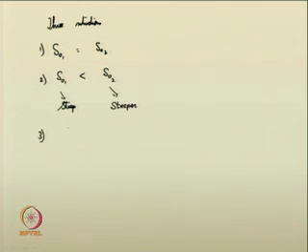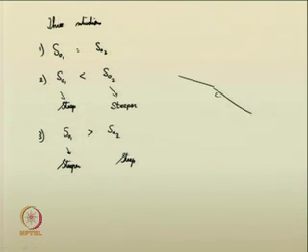Third situation is when S01 is greater than S02. In such a situation, channel 1 is called steeper and channel 2 is called steep. So, like that you can imagine various situations. Here this means that S01 is less than S02. So, it will look like this.